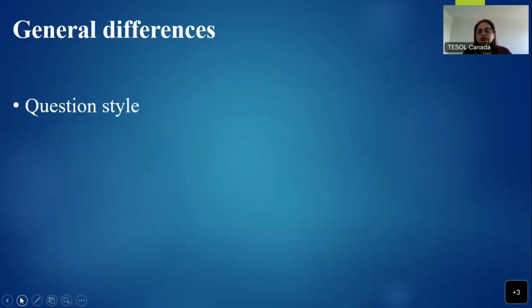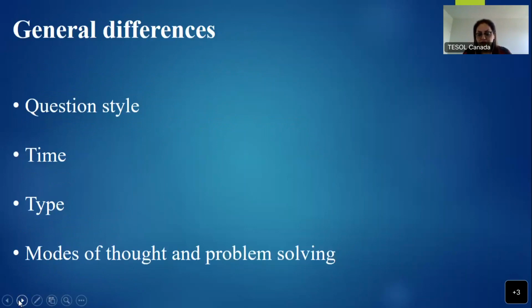So what are the general differences between the exams? Question styles, time, and type of the questions. They're different. All the exams show the level of their knowledge and proficiency, but the method is different. The style of questions is different.